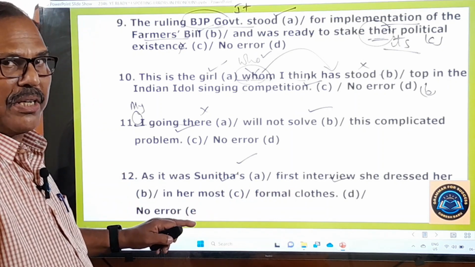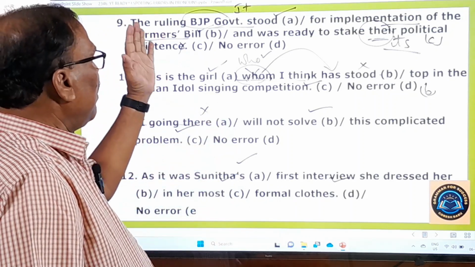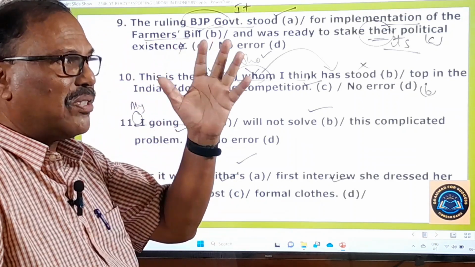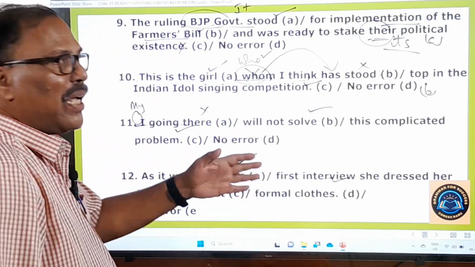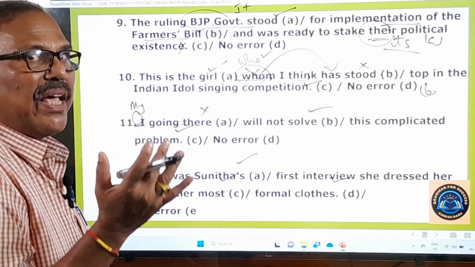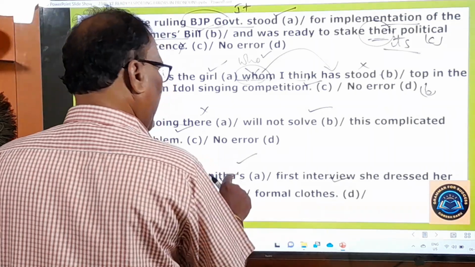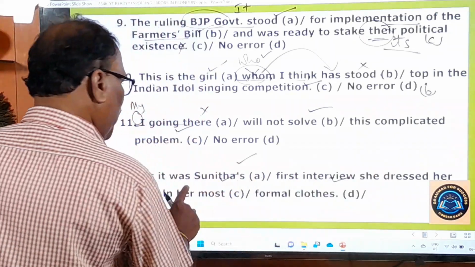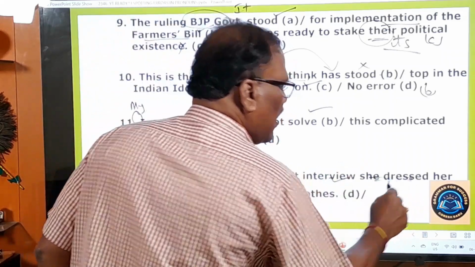Already in one of my earlier videos, I have told you, whenever you are answering a spotting error question, you should not read the question in parts, but as a sentence as a whole. Then only you understand where the mistake is lying. Okay, "as it was Sunita's first interview, she dressed in her most formal clothes". But in this, there is a mistake.